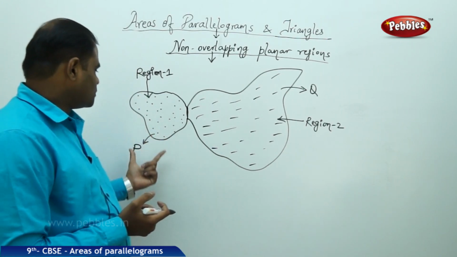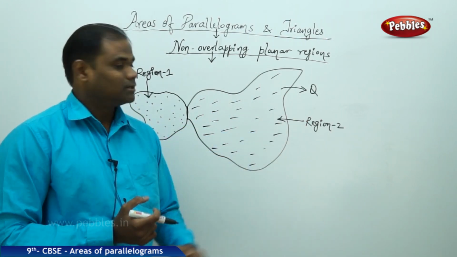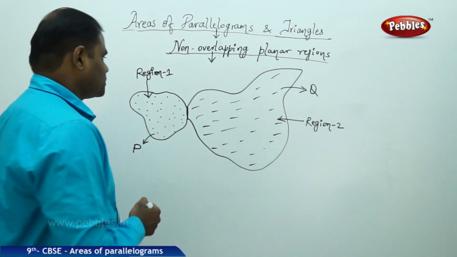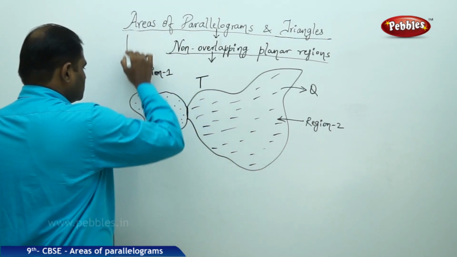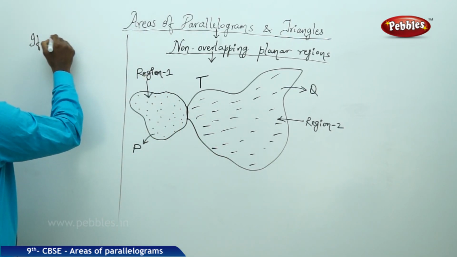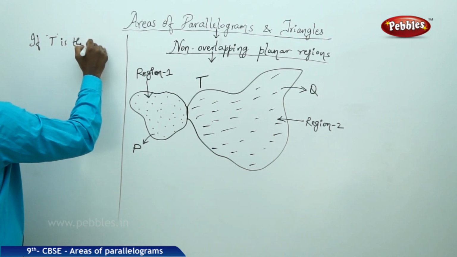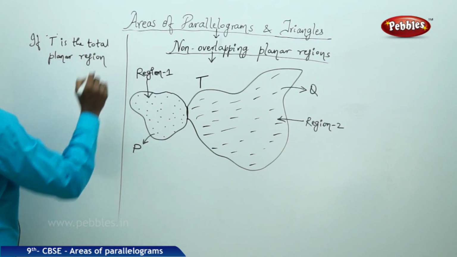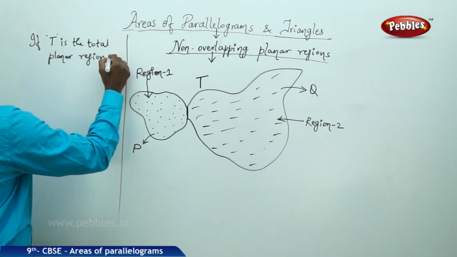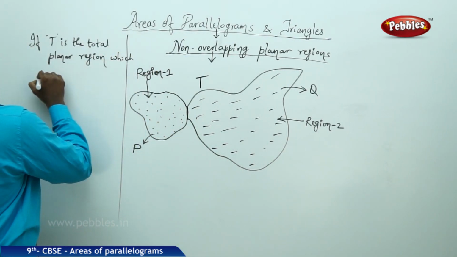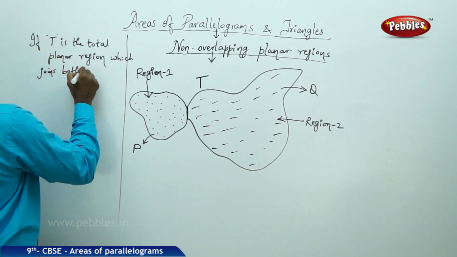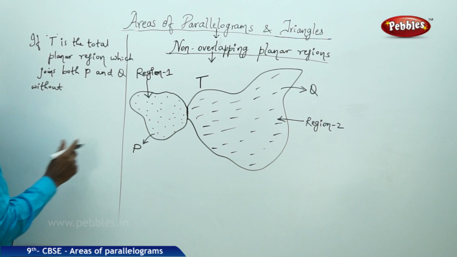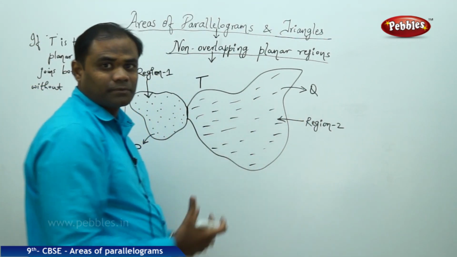Now the planar region 1 denoted by P and the planar region 2 denoted by Q are now joined together, where the whole region joined is denoted by T. If T is the total planar region which joins both the region 1 P and the region 2 Q without overlapping.